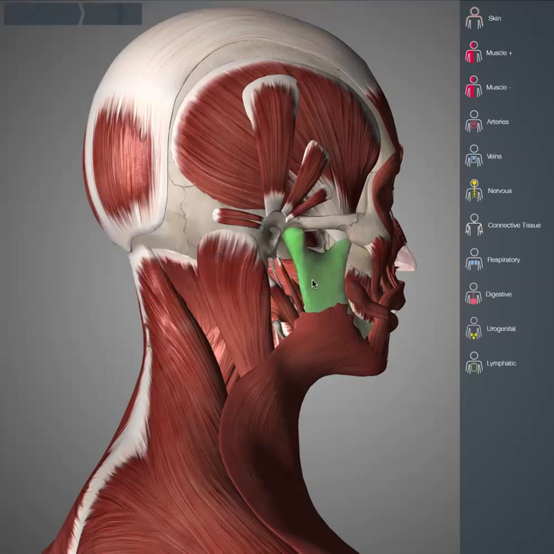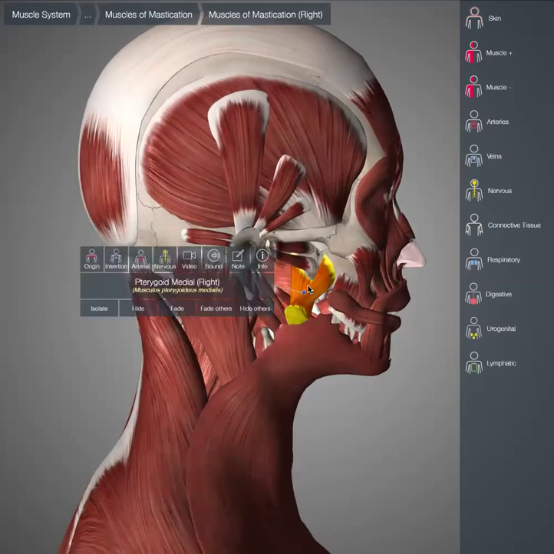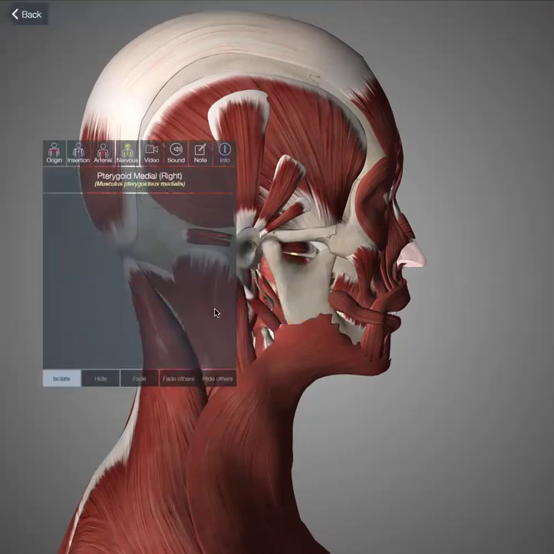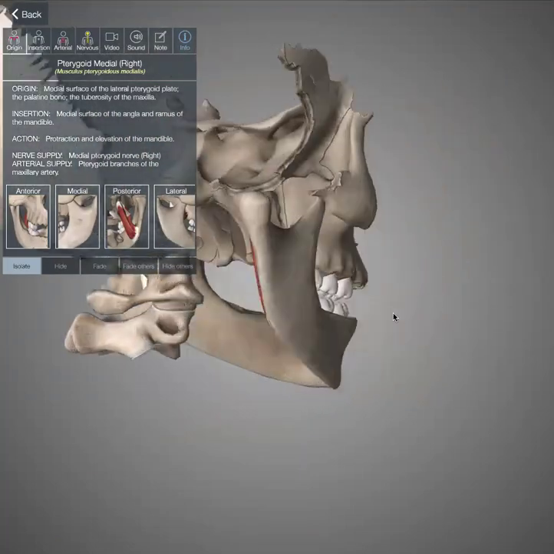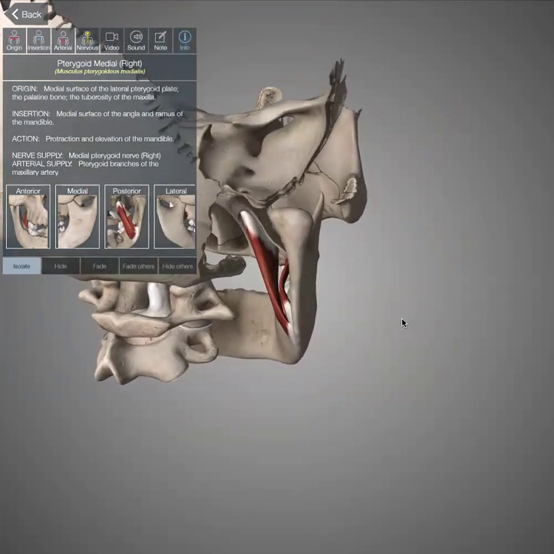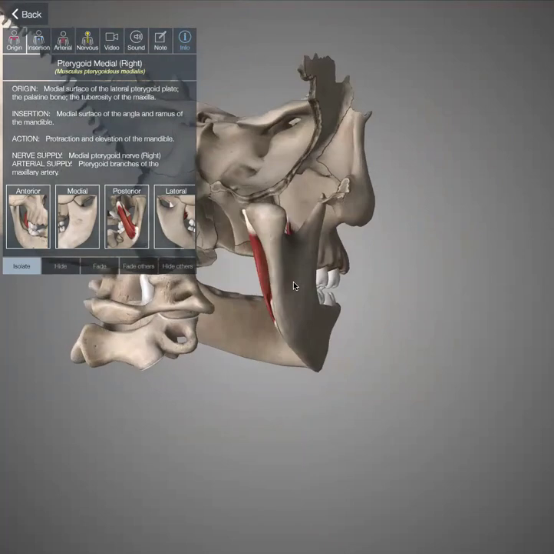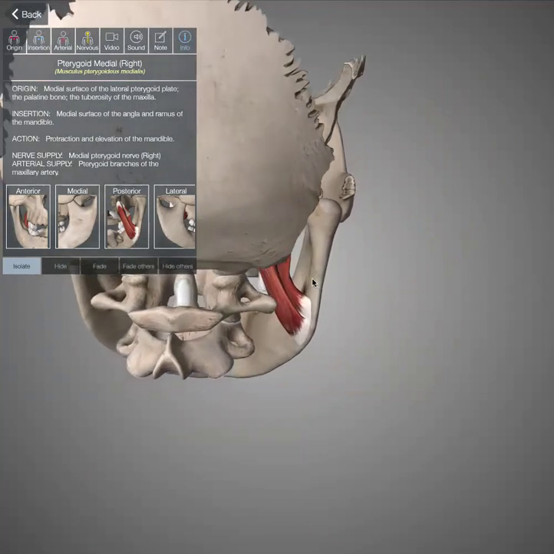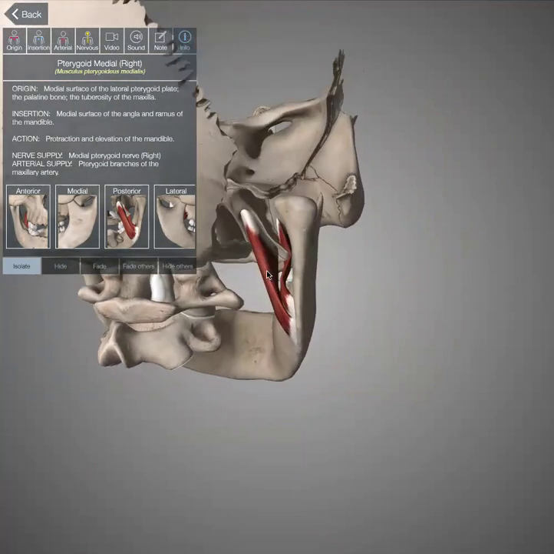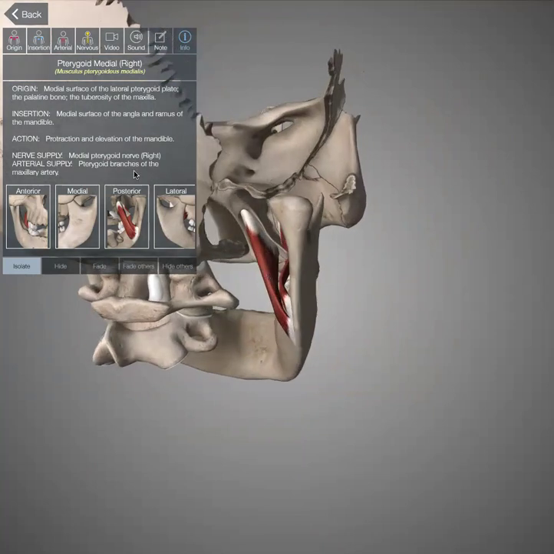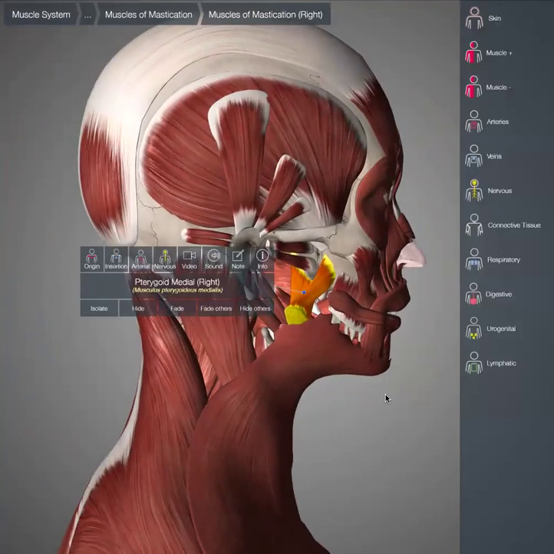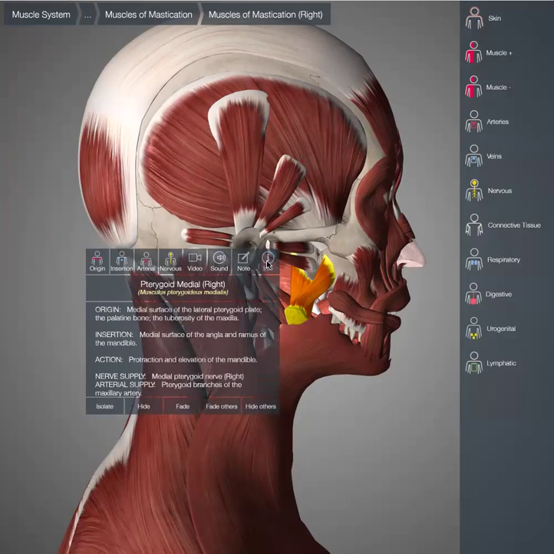We finished two. Let's do the medial pterygoid. As we see, it also has superficial and deep heads. The origin: wait, let me just check something. Okay.